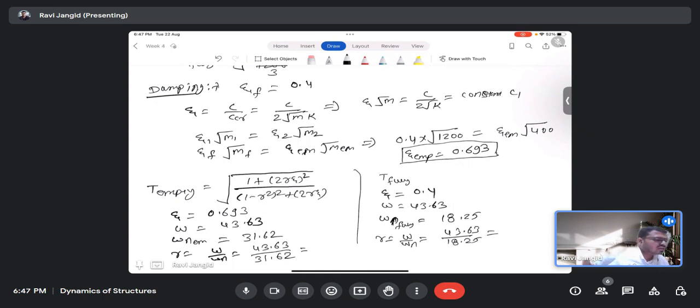Can you calculate the transmissibility for both the systems? Give it a try. So r for this system is coming out to be 1.3798, you can take it as 1.38, and for this it is coming out to be 2.39.